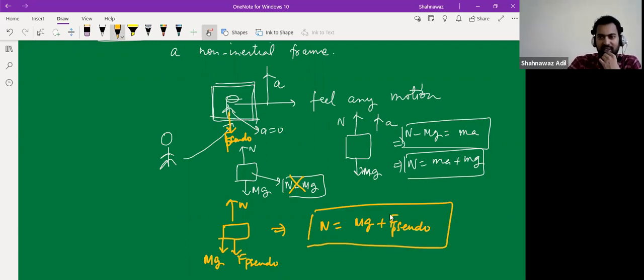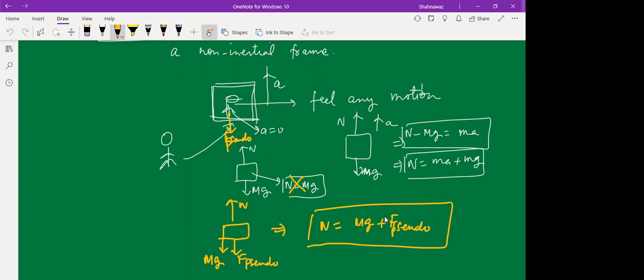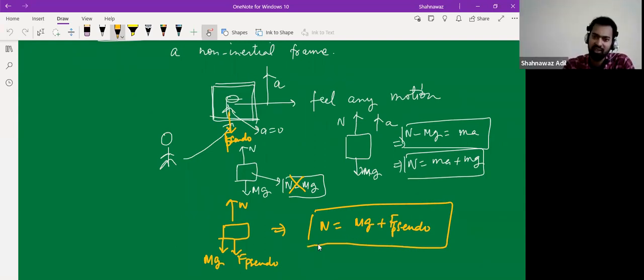I was saying that the net acceleration in the non-inertial frame will be 0, so m into 0. So these are in equilibrium in the non-inertial frame, and the net force is 0. This is equal to the sum of these.